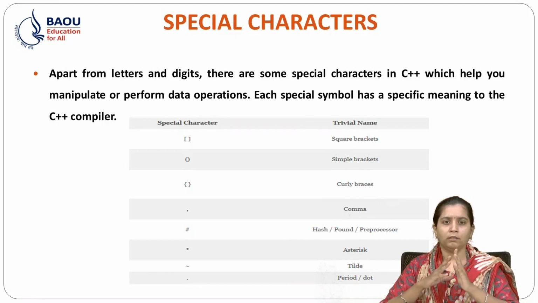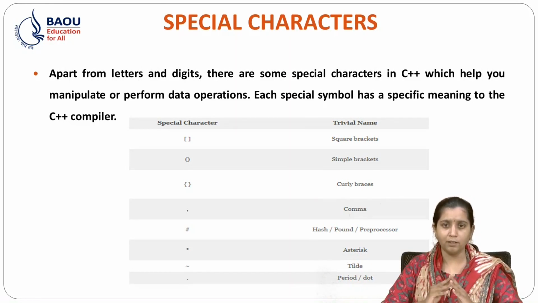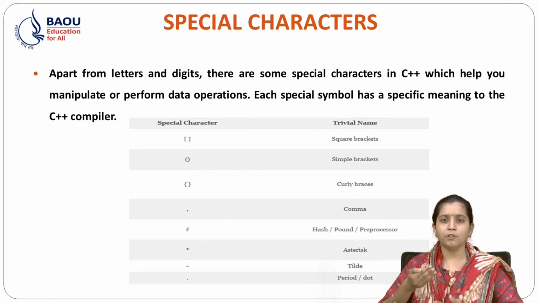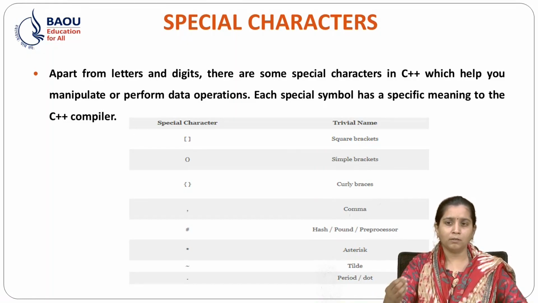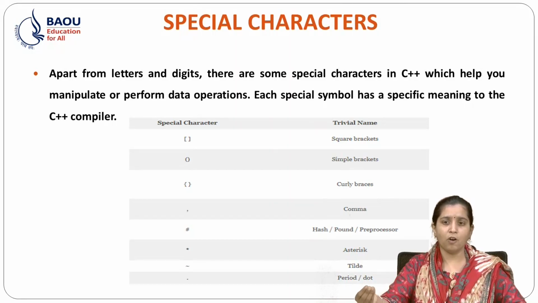So right now, just take this snapshot of these special characters. You can use these special characters in the coming lectures when you type your program. That is, curly braces, square braces is used for initialization of an array.